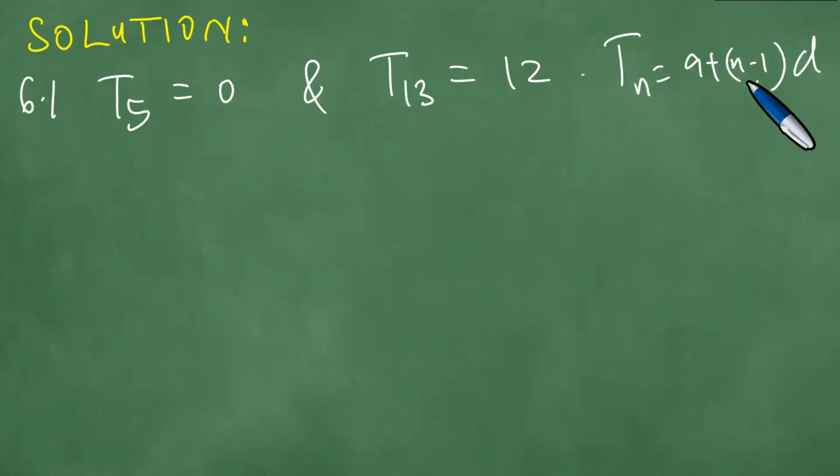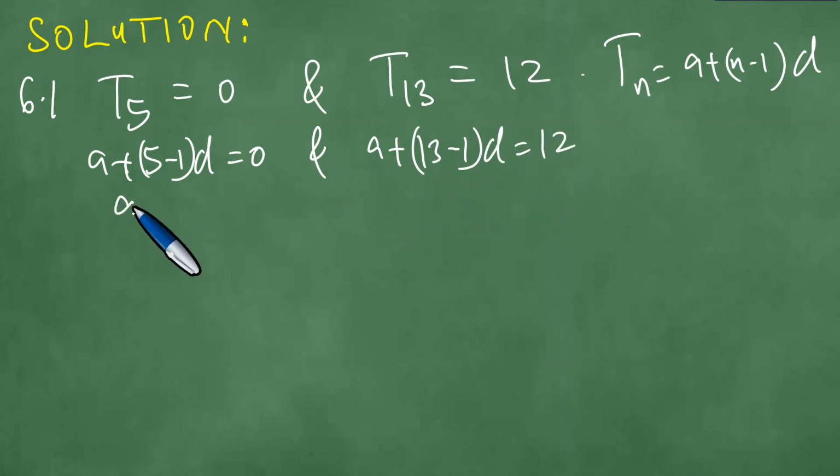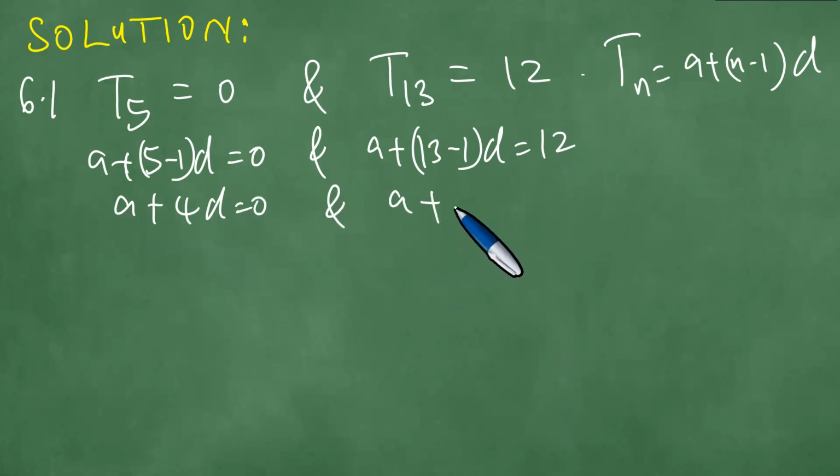Tn is a plus n minus 1 into d, so we can implement that here and have a plus 5 minus 1, which is a plus 4d. And a plus 13 minus 1, which is a plus 12d.